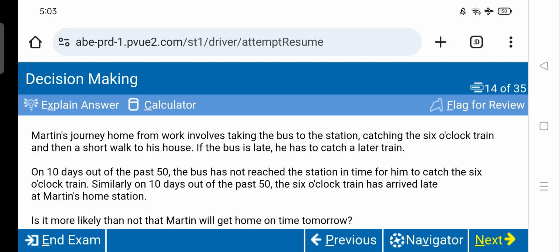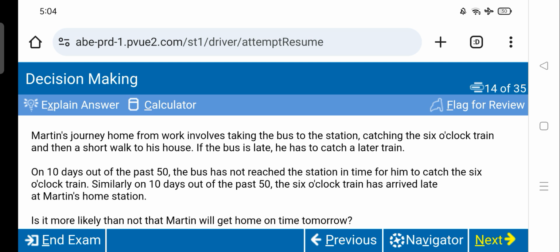Martin's journey home from work involves taking the bus to the station, catching the 6 o'clock train, and then a short walk to his house. If the bus is late, he has to catch a later train. On 10 days out of the past 50, the bus has not reached the station in time for him to catch the 6 o'clock train.